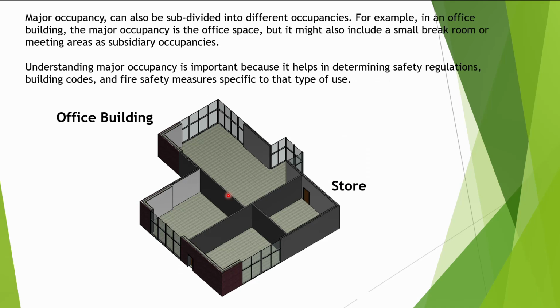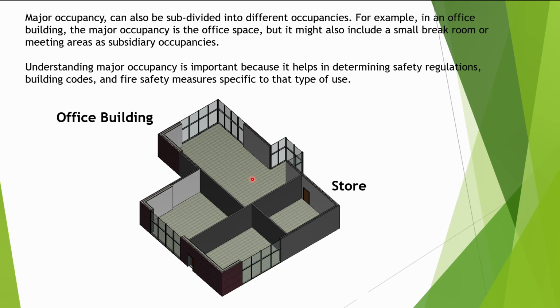Now, major occupancy can also be subdivided into different occupancies. For example, in an office building, the major occupancy is the office space, but it might also include a small break room or meeting area. Let's look at this little image. Imagine this is an office building, but in this small unit, if you can see my red dot, we have a store.